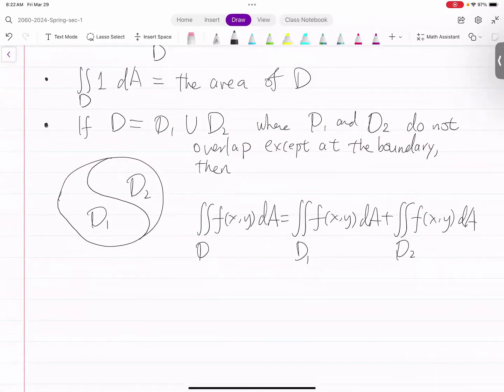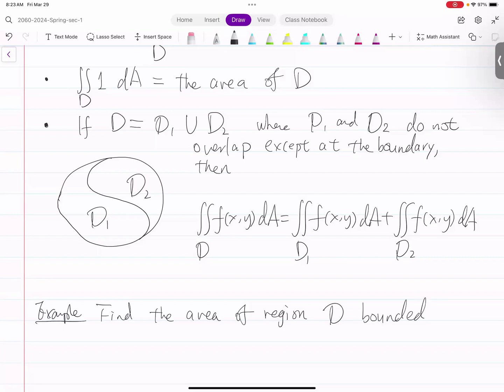Now let's look at another example. This is something we have seen from Calc II. This kind of problem is basically finding the area of region cap D bounded by several curves.